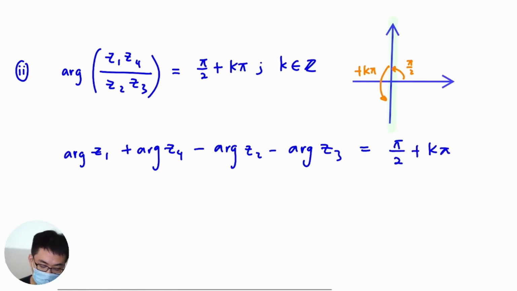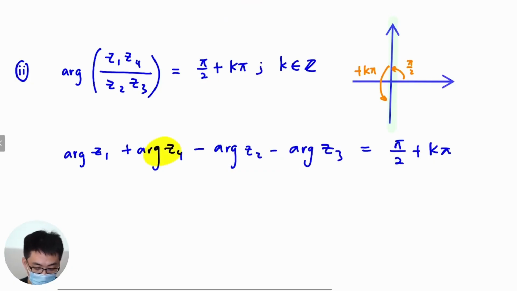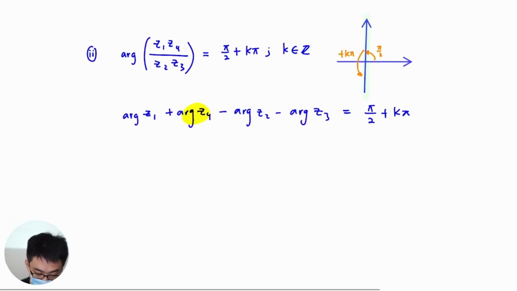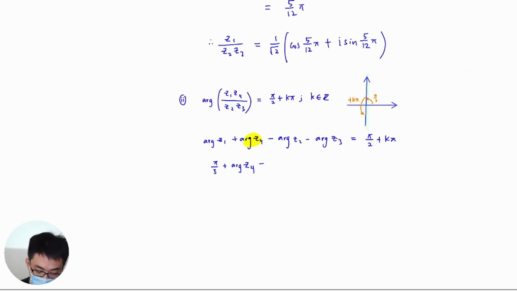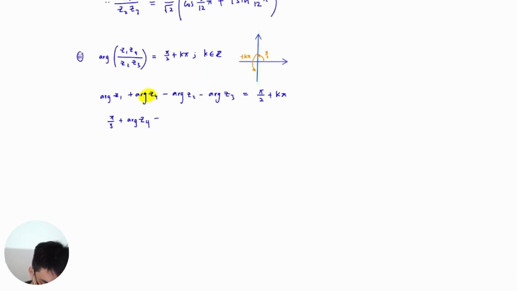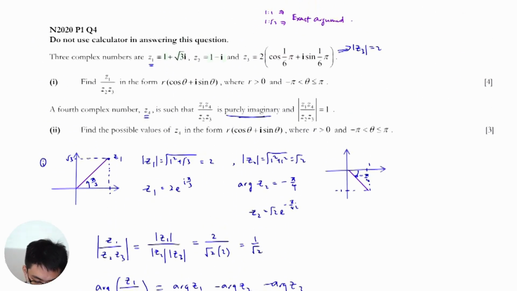So what we need now is to find the argument of z4. Okay. So z1 just now what we found was pi over 3. Argument z4 is here. Argument z2 is negative pi over 4. Argument z3 is pi over 6.